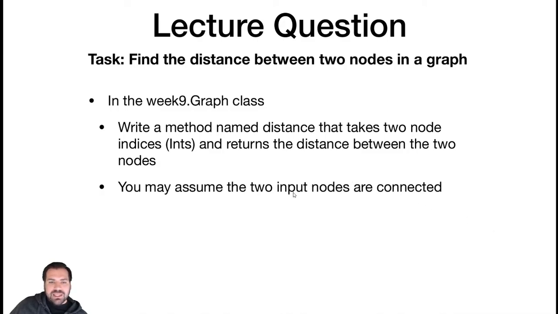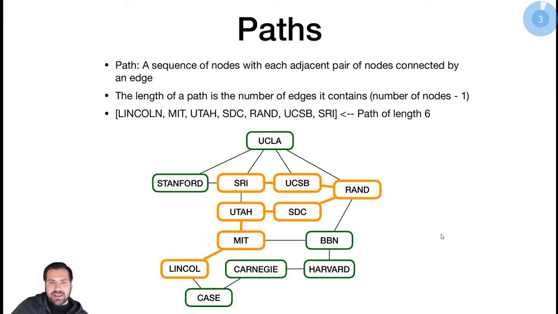With this, I actually do have a method in that graph class, or rather some bookkeeping data structure that will help you out with this. For this lecture question, I probably gave you too much code, so there's not a whole lot to do here, since you can leverage what I gave you. But this is what we want to solve for today's lecture question. And then the next step is the full pathfinding. How do you find that whole path?